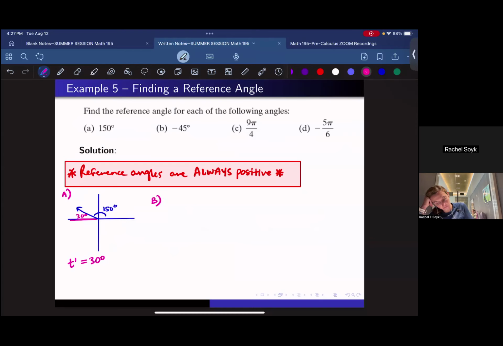Part B, we have negative 45 is down this way, which means our reference angle is just 45.